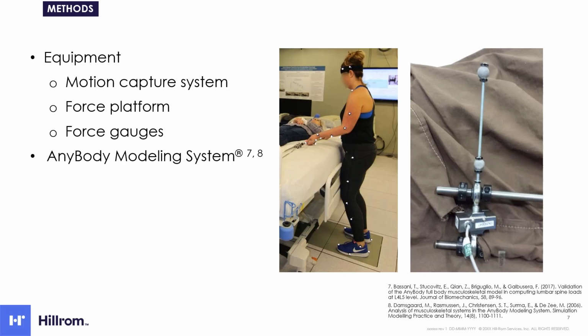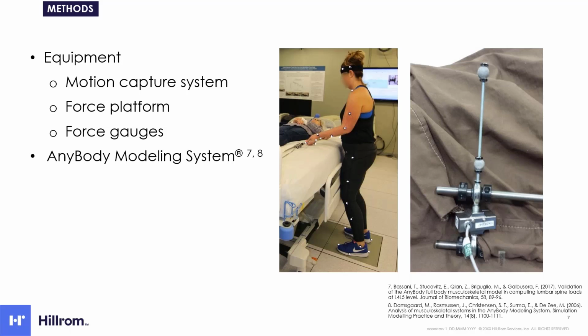Here in the middle, this is the force gauge. So it is attached to a metal bar using a spherical ball joint here to allow free rotation.